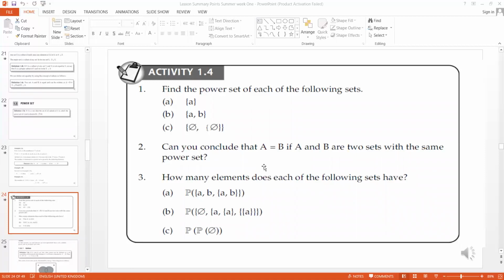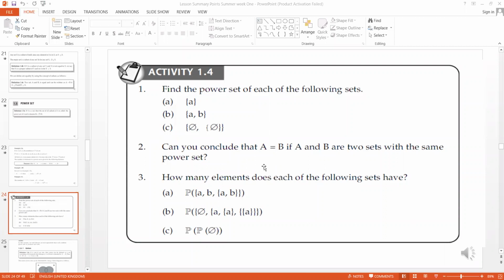Are you going to say 2 or 3, since the empty set is also part of it? Which subset? The set itself contains 1 and 2, so there are 2 elements in the set.